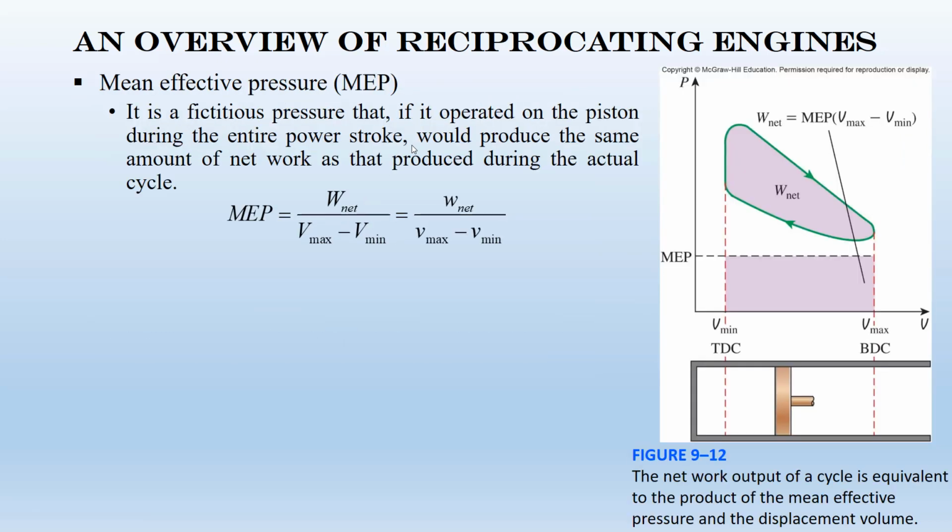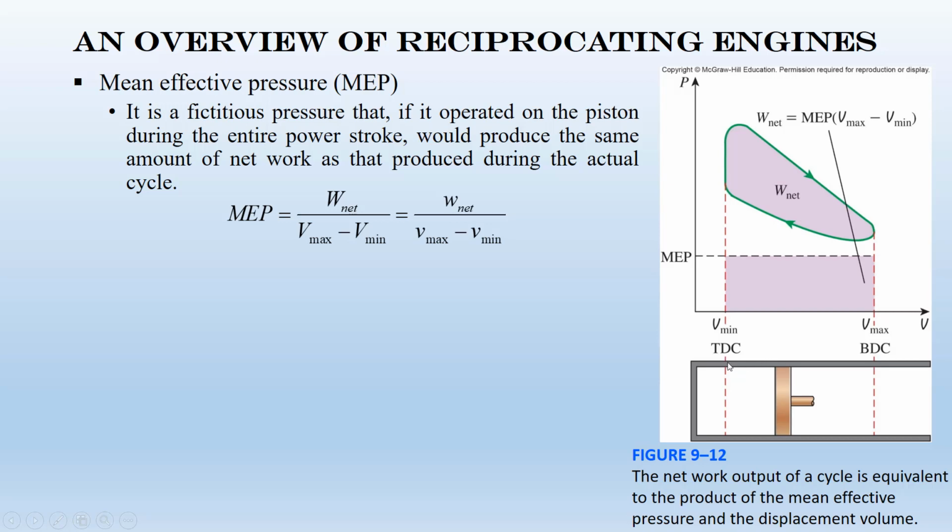The other thing is the mean effective pressure. What is the mean effective pressure? The first thing is that it's a fictitious pressure. Look, guys, assume that we have a cycle, for example, a cylinder and piston, and this is the P-v diagram for this device. The volume changes between the BDC position and the TDC position.